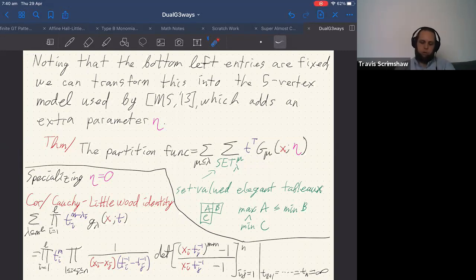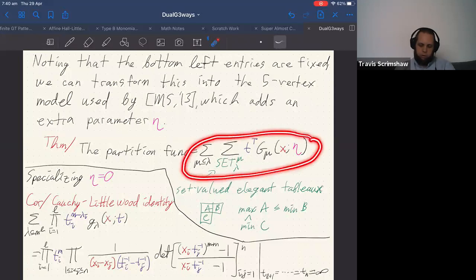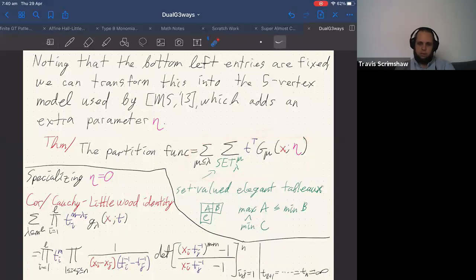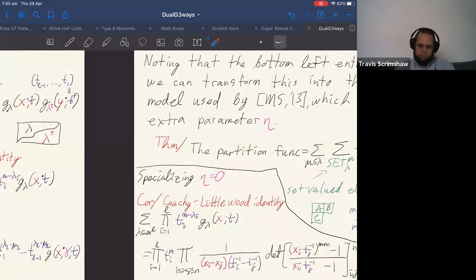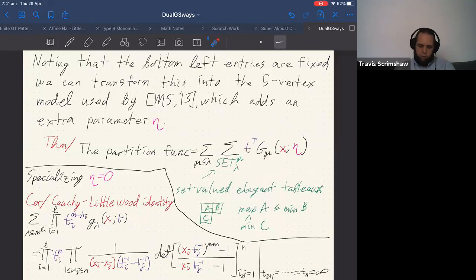And so I can build new symmetric functions where, for the dual Grothendieck, I sum over all elegant tableaux, and then I get Schur functions coming out, because that's what this part is. It's a Schur function. And then I get the extra bit that I'm summing over here. And now from the Motegi-Sakai model, instead of Schur functions, I get Grothendieck polynomials.